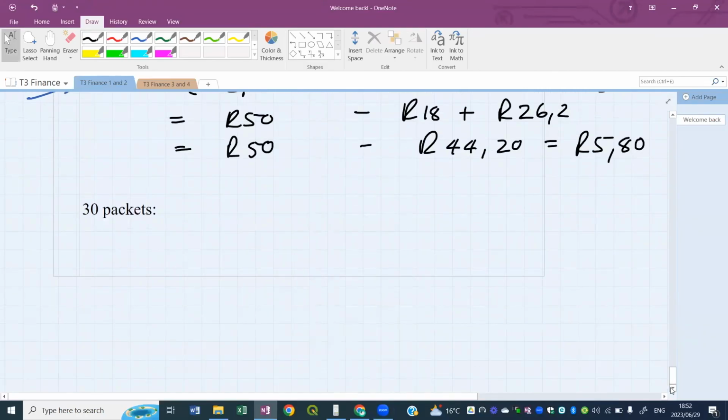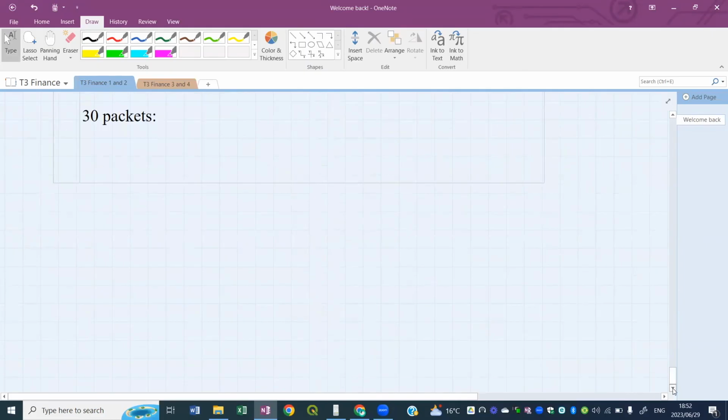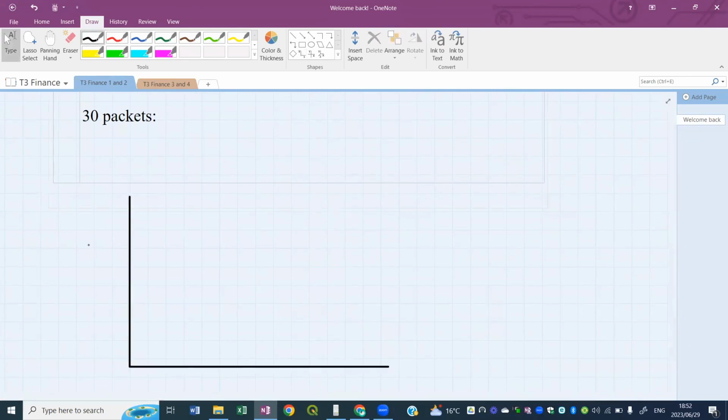next time I see you, we are going to take two equations very similar to this. And we are going to plot them on a graph. We're going to take number of packets and the rand value for these packets.